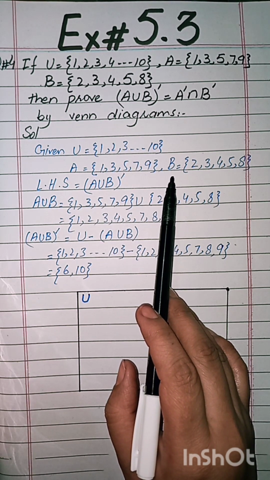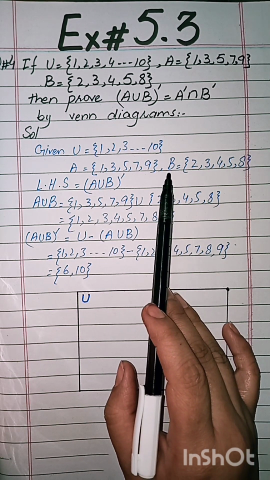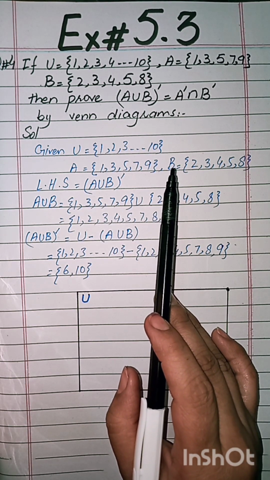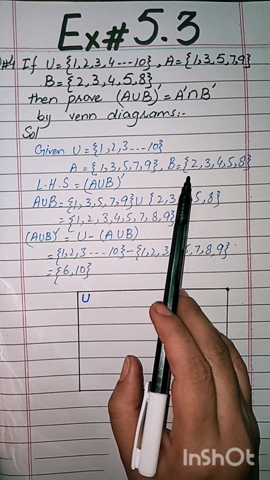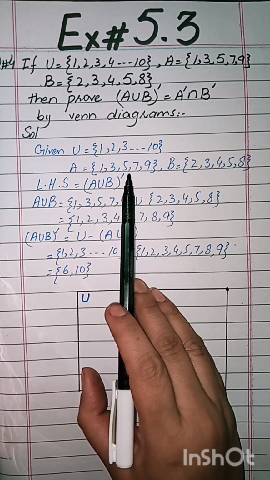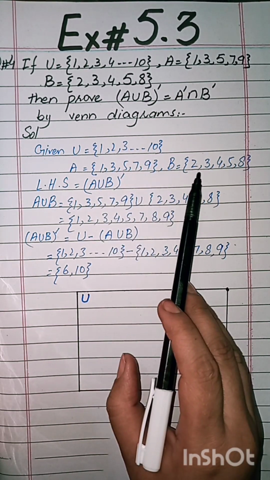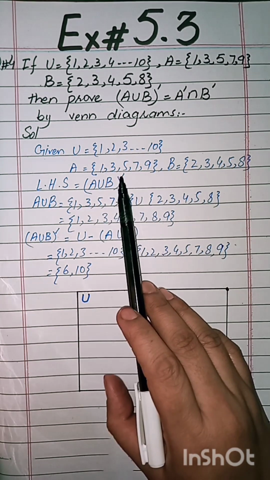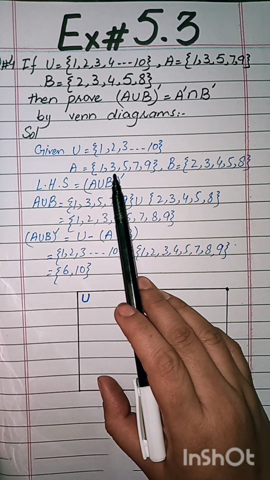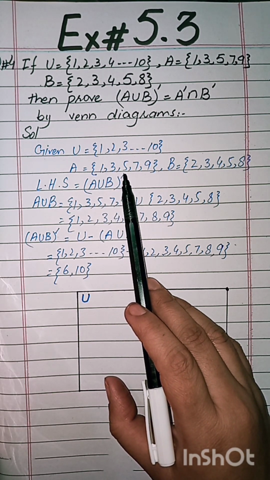Second one are overlapping sets. So overlapping sets means a few elements of set A are present in set B. Look, 1, 3, 5, 7, 9 and 2, 3, 4, 5, 8. The common numbers are 3, 5.